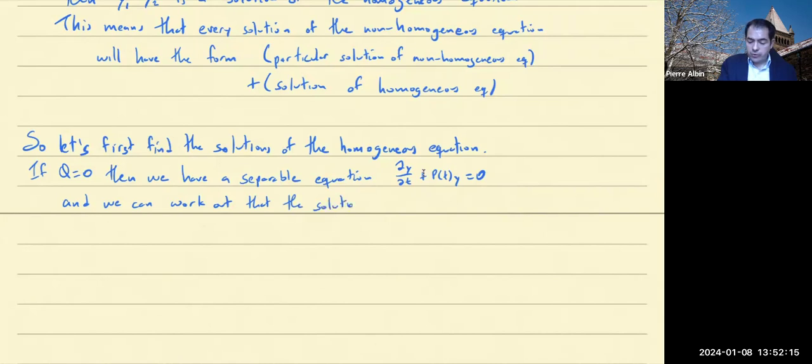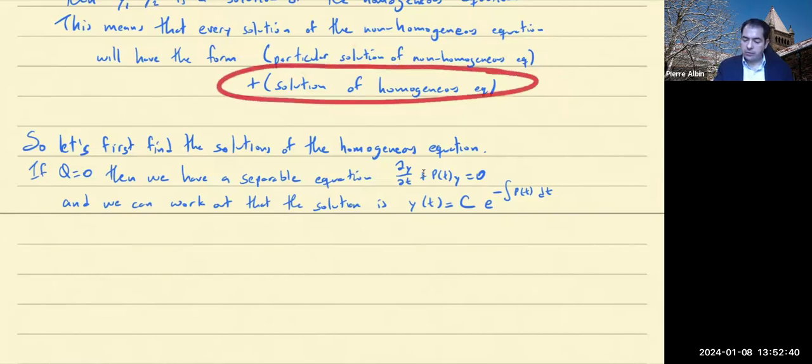The general solution is y of t is equal to some arbitrary constant times e to the minus an antiderivative of p of t.